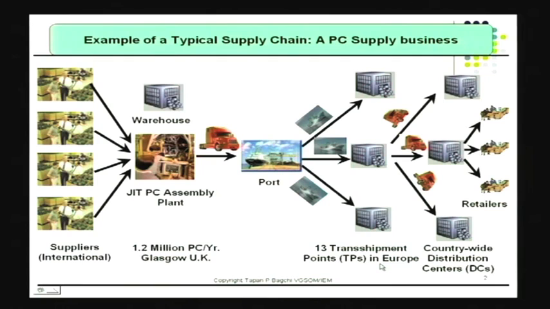Here we probably sort out the orders and we try to make sure that the final destination receives whatever they have ordered. Then we move them out to retail shops, and that's a countrywide distribution network. And from there retailers pick up their material and supply it to the final consumer. This is a full supply chain for a PC supply business.